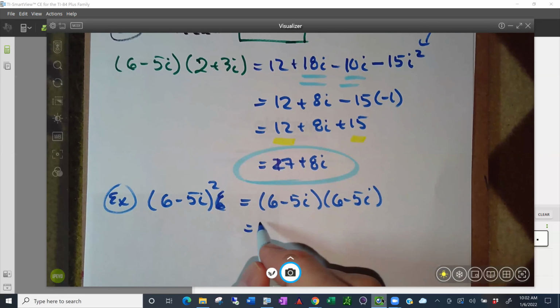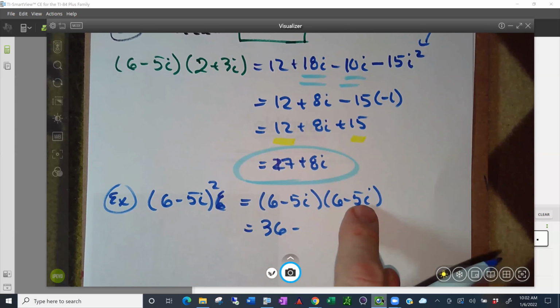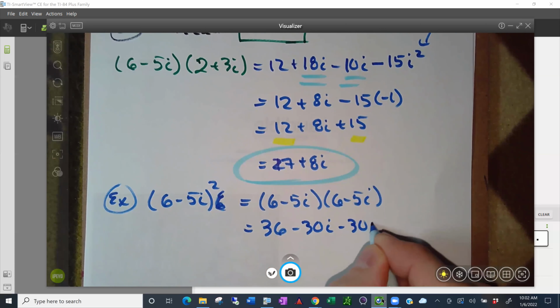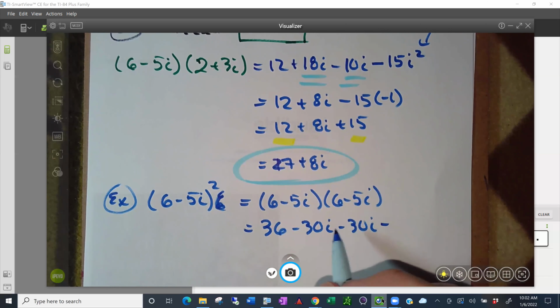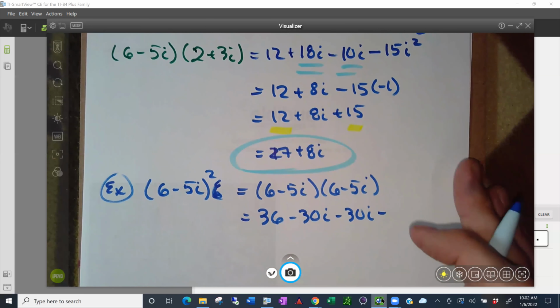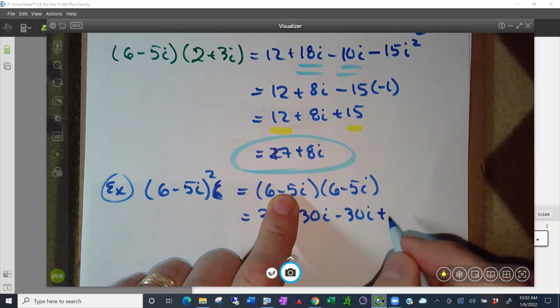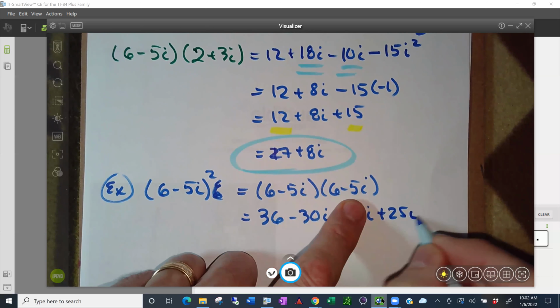6 times 6 is 36. Outside terms give me a minus 30i. Inside terms are a repeat of that, gives me another minus 30i. And again, let's be careful with the last term. Minus times a minus is a plus. 5 times 5 is 25. i times i is i squared.